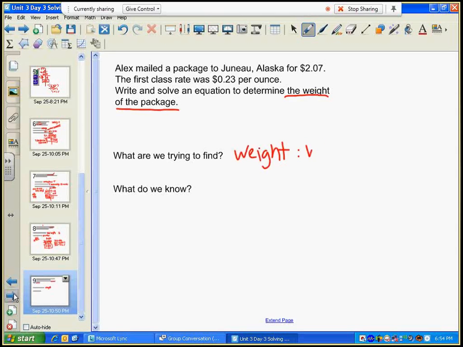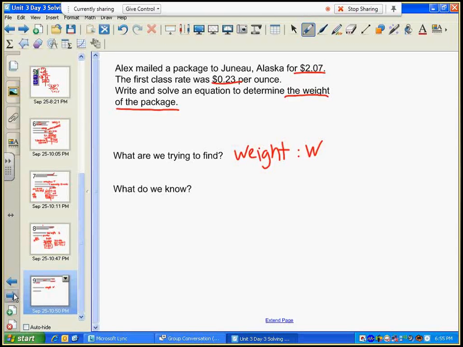Let's call it W, shall we? Okay, so what do we know? I know the cost is $2.07, and it costs me 23 cents per ounce. So I'm trying to figure out how many ounces I have.